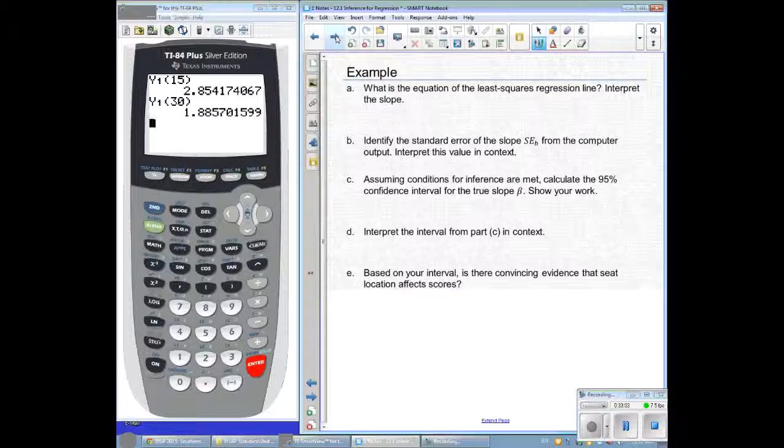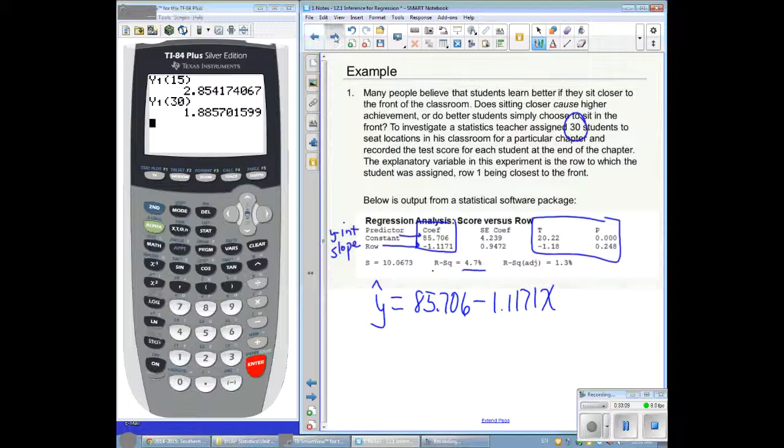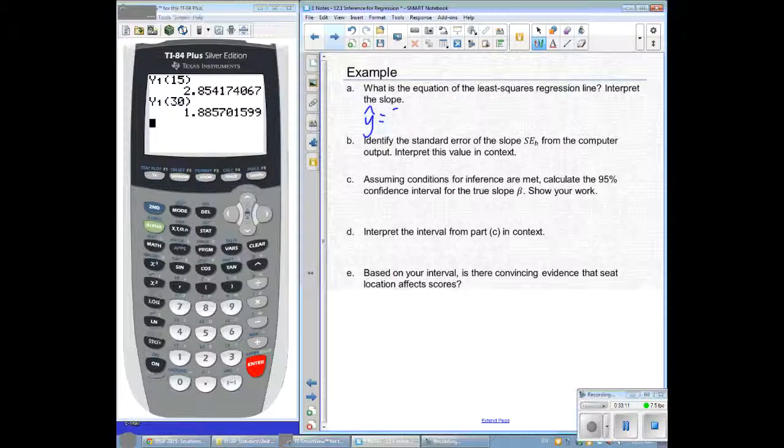Okay? So let's take a look at some of the questions. It says to write the equation of the least squares regression line and interpret the slope. So we said it was 85.706 minus 1.1171x. How would you interpret the slope of this line? Use it in context.